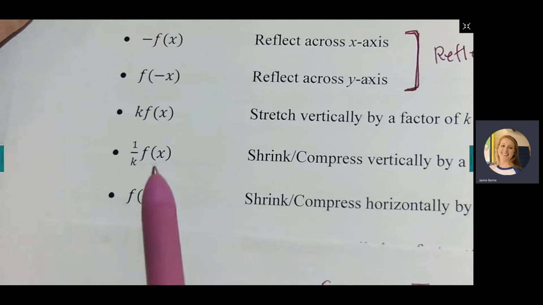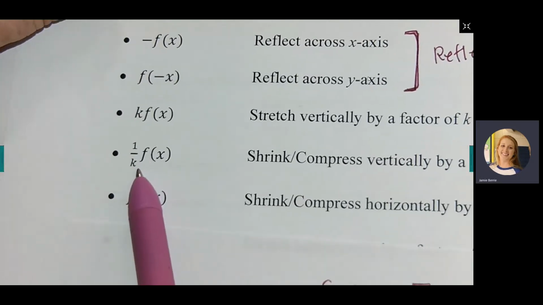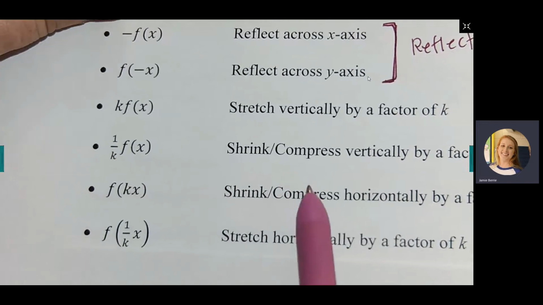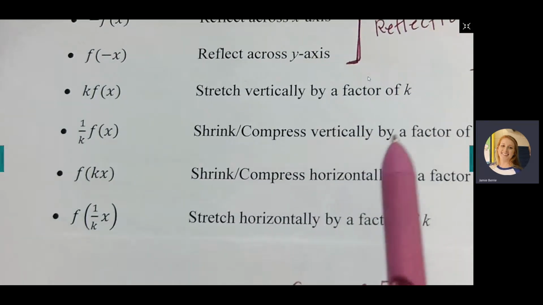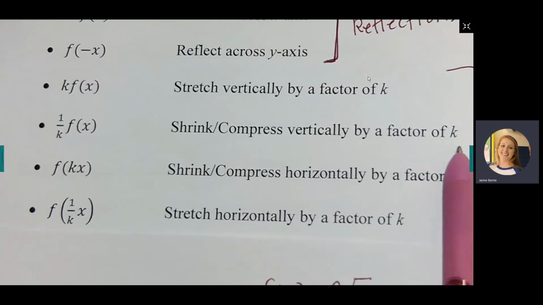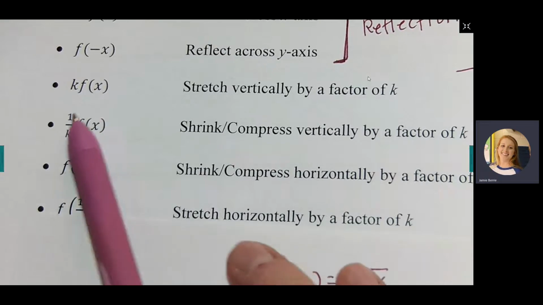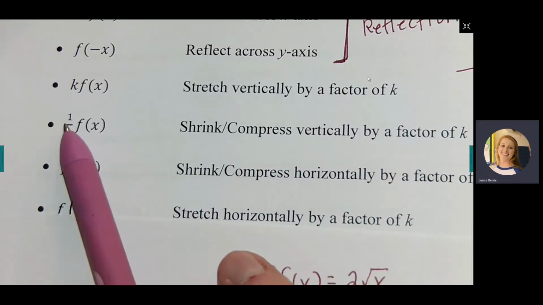If you multiply by a fraction on the outside, that's going to compress it or shrink it vertically by a factor of whatever the denominator is. Now, this is kind of specific because in this example, you have to have 1 in the numerator of your fraction.